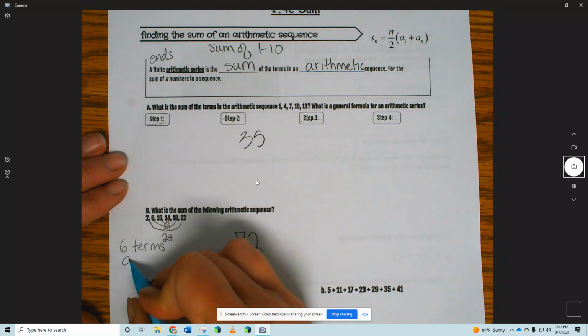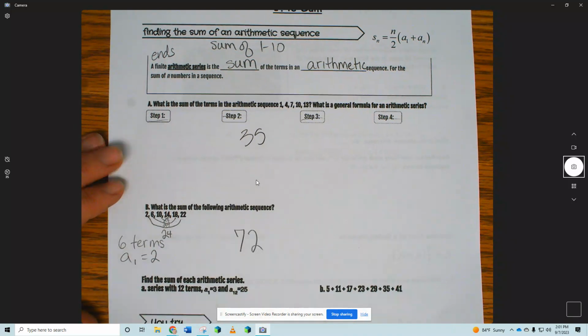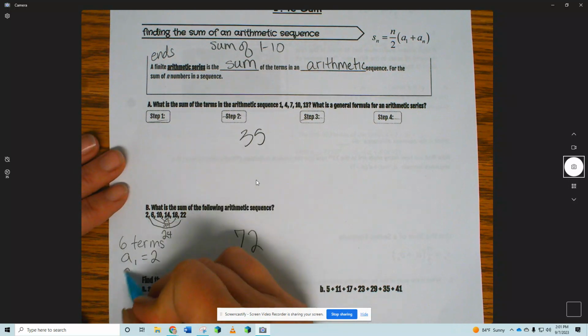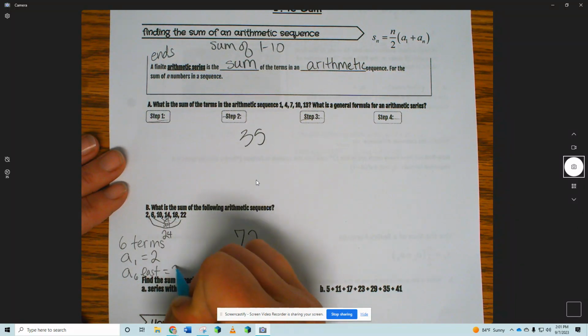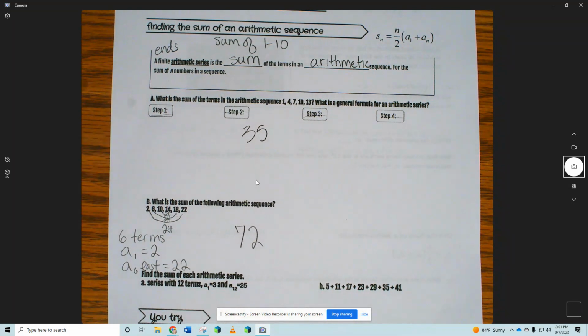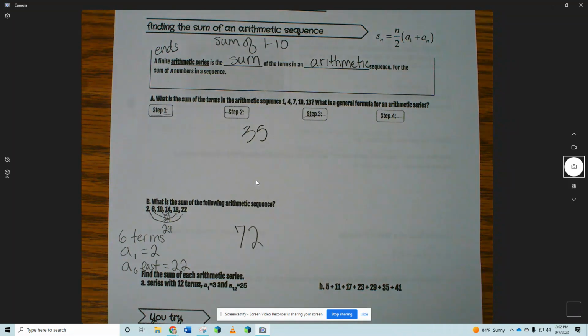Please write this down. A sub 1 is 2. A sub 6, the last term, was 22. Today it's important that we know what the first term is and what the last term is and how many numbers are in the list. So I'm going to introduce you to a formula.